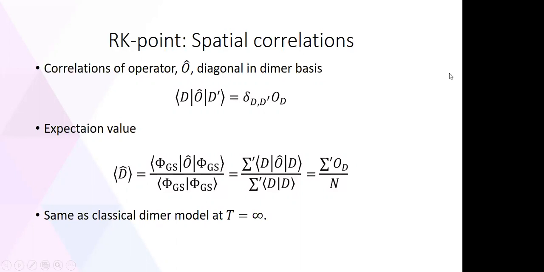Where was I? Okay, so at the RK point, as I said, we can relate it to classical computation on these quantum dimer models, and there are a lot of techniques for calculating such correlations on classical dimer models.